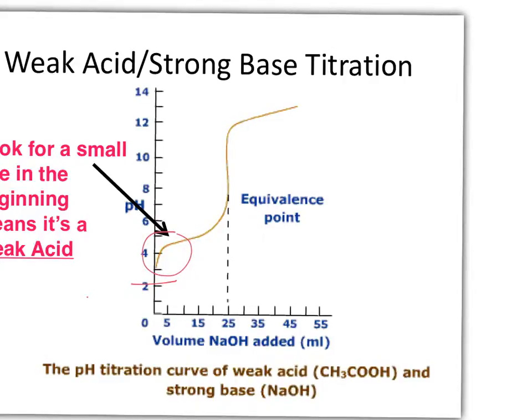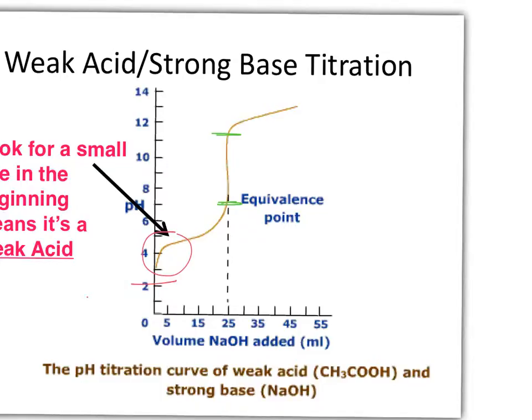But here's the point that I kept asking. Does the equivalence point have to be neutral? No. When did the equivalence point occur? And first off, I guess I left this out. How do you know it's an equivalence point based on the graph? Do you agree that right here and right here is when it becomes vertical?